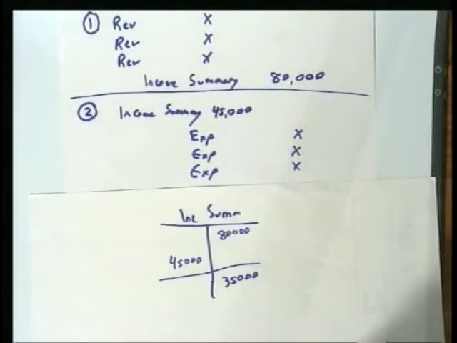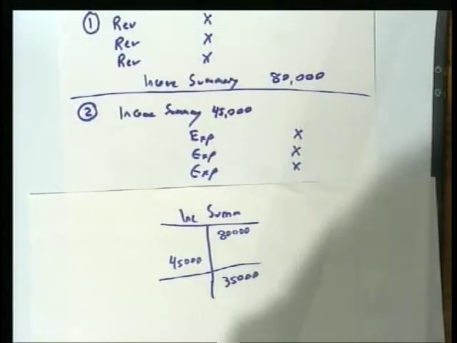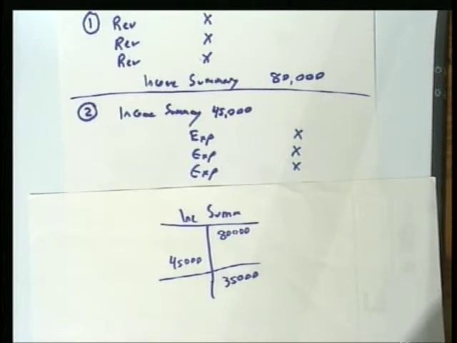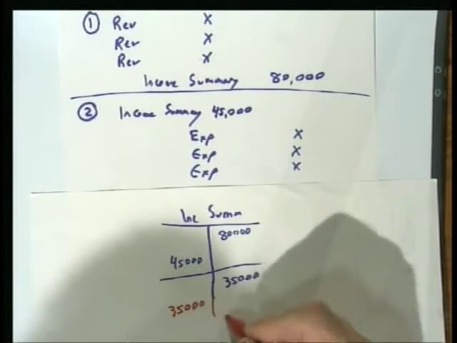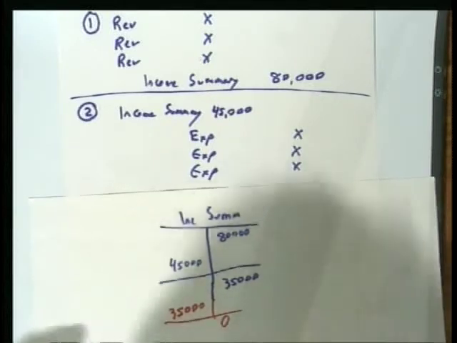If the third closing entry is to close income summary, what do I have to do to income summary to zero it out? What do I have to do to this T account? I have to debit it, right? Now we have a zero balance, correct?